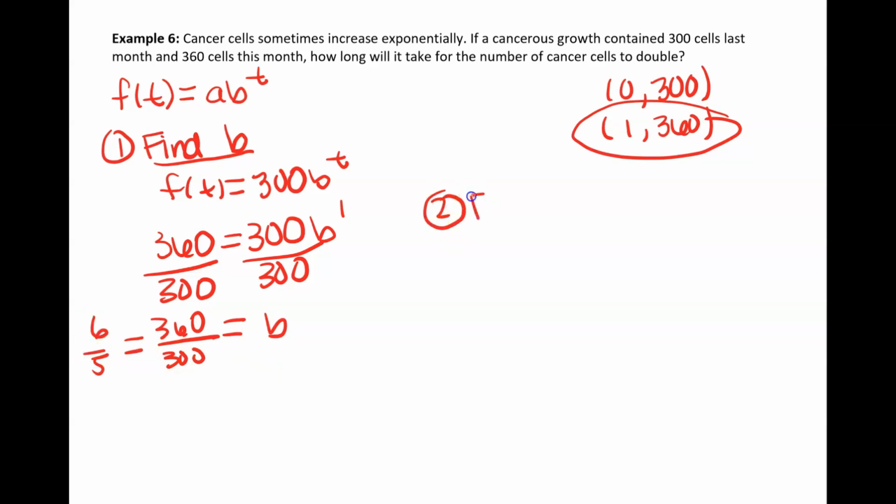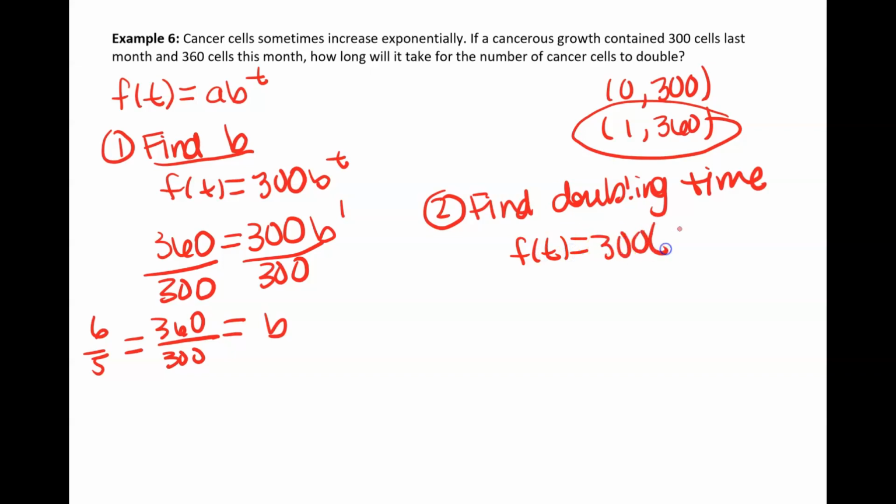Now step 2, we want to find the doubling time. Our equation is f of t is equal to 300 times 6 over 5 to the t. To find how long it takes us to double, well, doubling of 300 would be 600. And so let's solve that out.